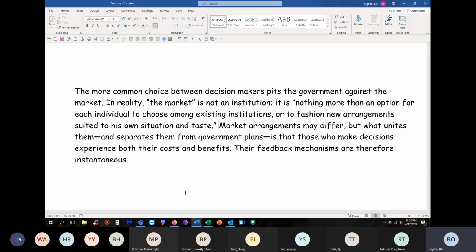He points out that in reality, the market is not an institution. It's nothing more than an option for each individual to choose among existing institutions or to fashion new arrangements suited to his own situation and taste. Market arrangements may differ, but what unites them and separates them from government plans is that those who make decisions experience both their costs and benefits.